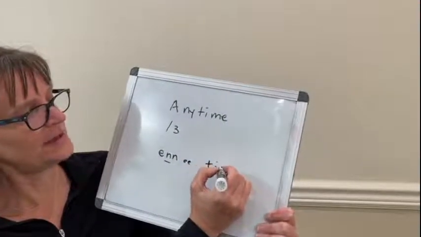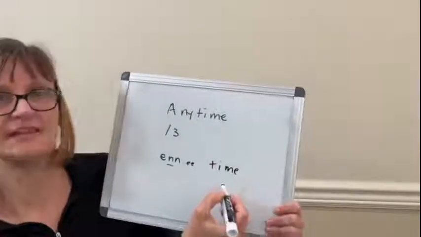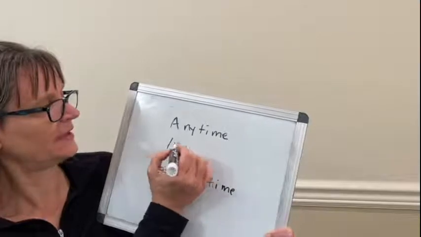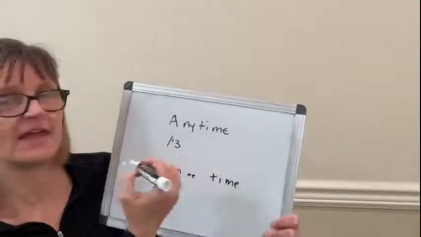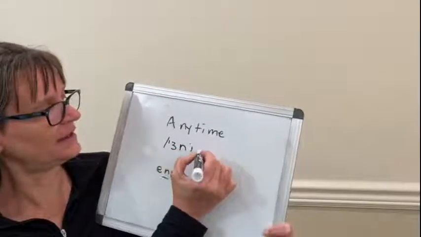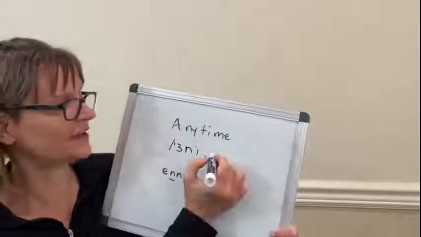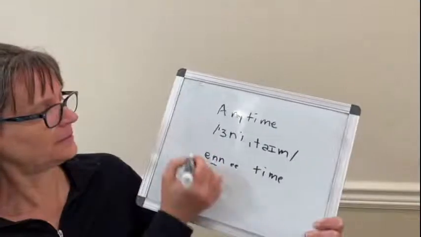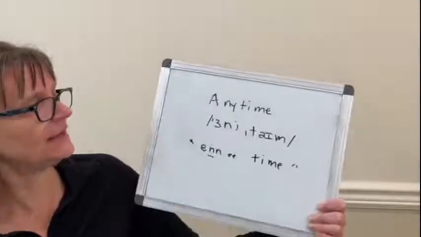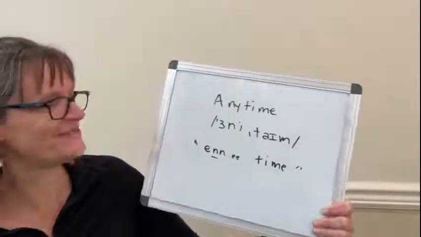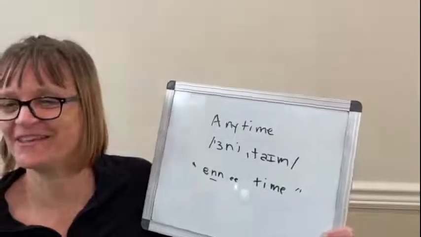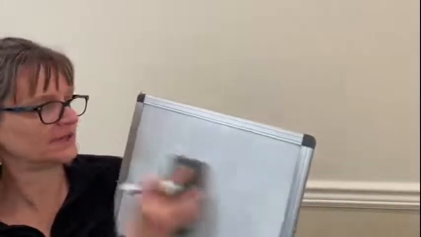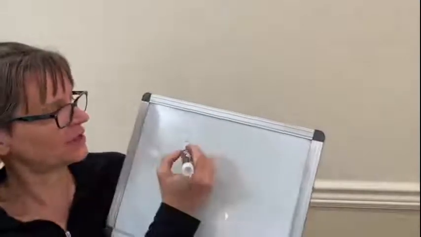For our time, I'm not going to respell that because the E makes the I say its name. So anytime. I think we have stress on any and anytime. Any, probably secondary stress on time. Anytime. Anytime you'd like, you can watch one of my videos. Great. And then the H sound in harbor was Mauricio's second question.